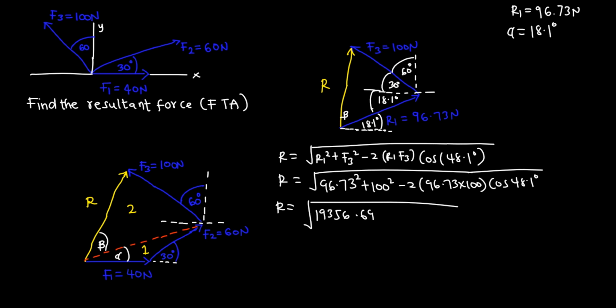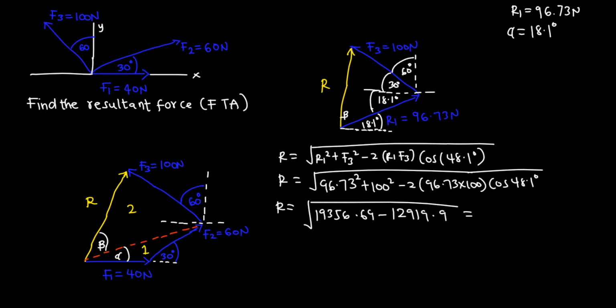Okay, and then minus 2 multiplying 96.73 times 100 multiplying cosine of 48.1. That'll give me 12919.9.